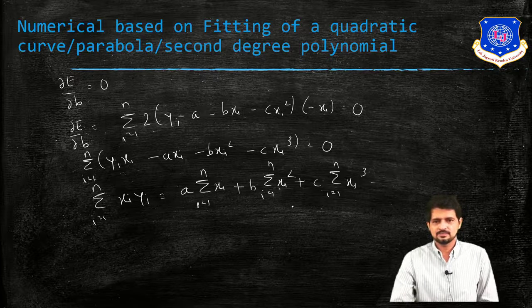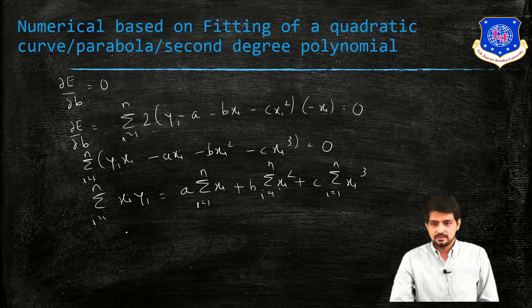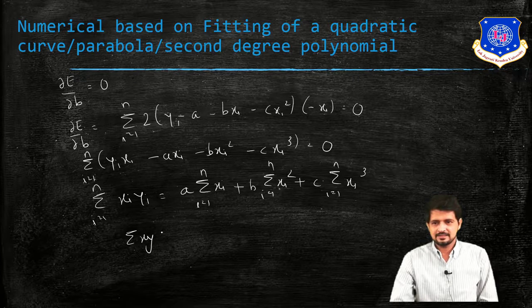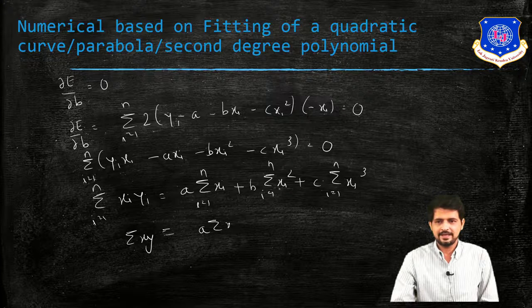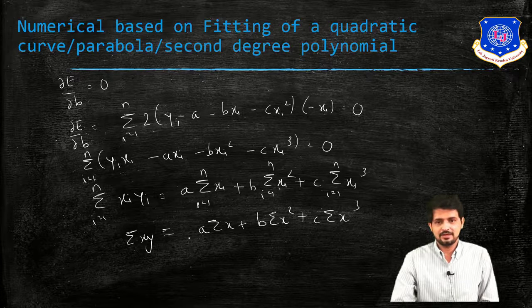Okay. So if we write it generalized, it can be written as sigma xy is equal to a sigma x plus b sigma x square plus c sigma x cube.